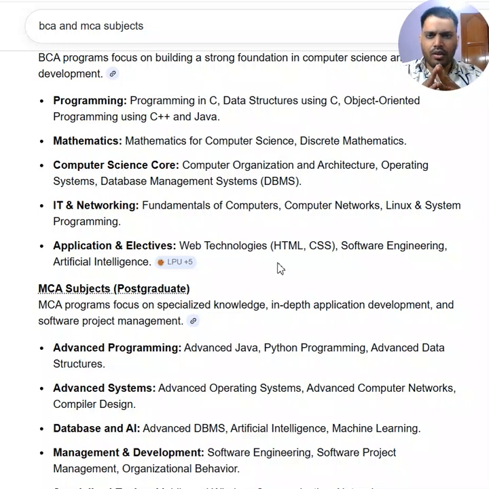So what you should be doing is, even if you have chosen BE, that is Bachelor of Engineering, see that you are working towards the computer related subjects, the subjects that BCA and MCA have. You can go through these subjects, and you can also talk with the people who are doing these BCA and MCA integrated programs, so that you can learn from them.